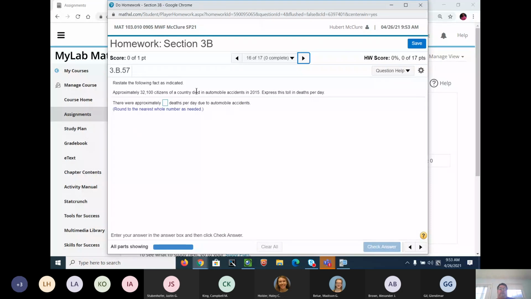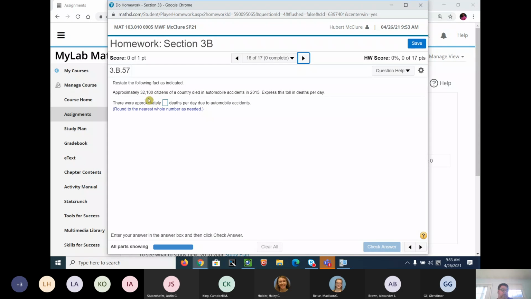Why didn't they say death by cars like they did with the guns? Should do the same thing. Approximately 32,100 citizens were killed by cars in 2015. Express this toll in deaths per day.